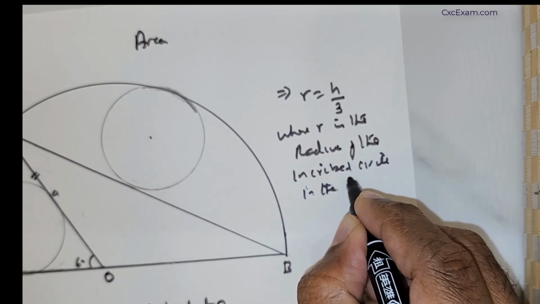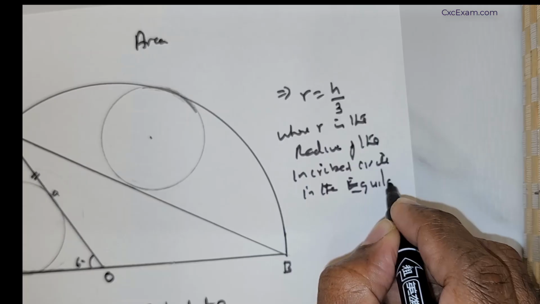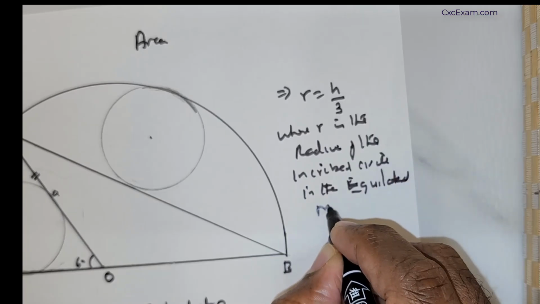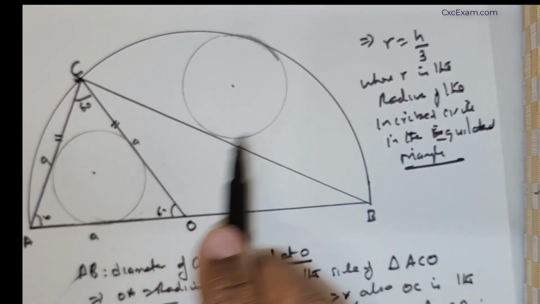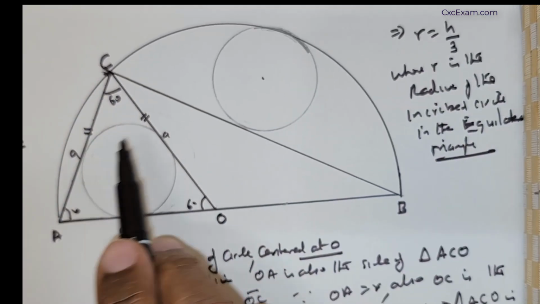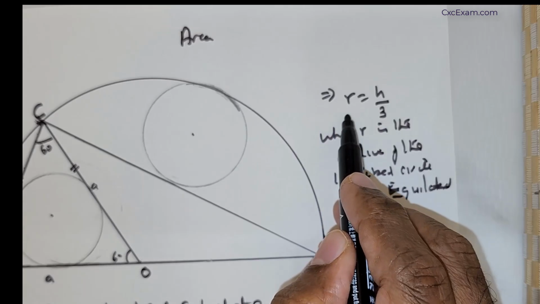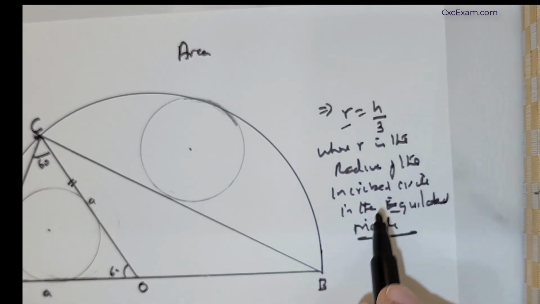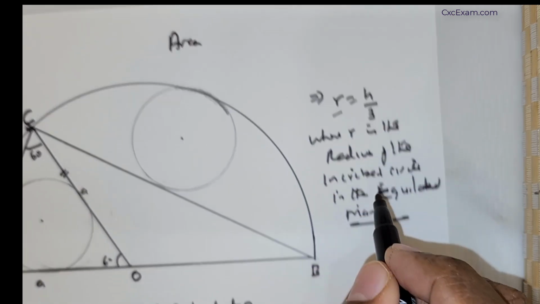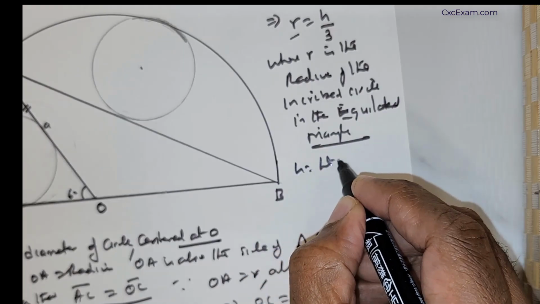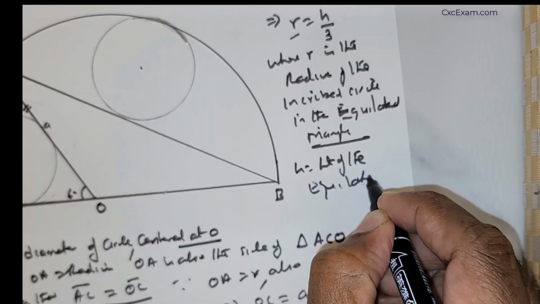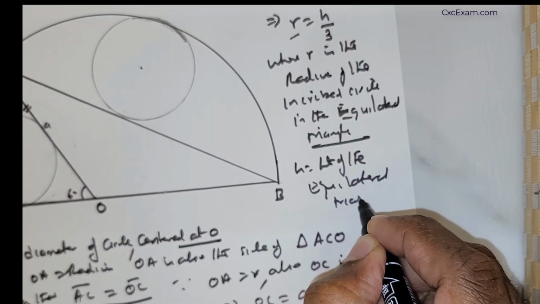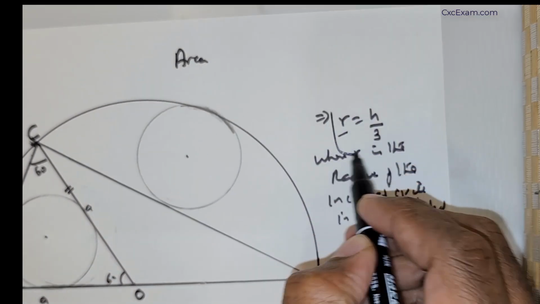So this is a geometrical property. You have a circle inscribed inside an equilateral triangle, then the radius of the circle should be equal to H over 3. Okay, where H is the height of the equilateral triangle. So this is the first property.